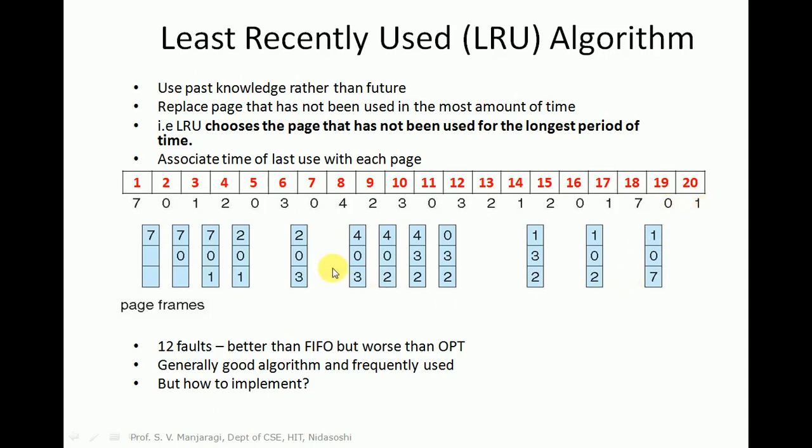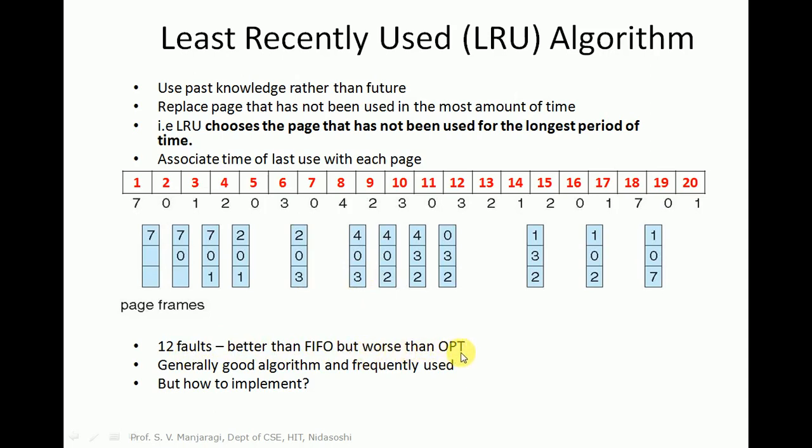Now let us count how many page faults occurred through LRU. It is 1, 2, 3, 4, 5, 6, 7, 8, 9, 10, 11, 12. It is 12 page faults. It is better than FIFO. In FIFO we got 15, but through LRU we got 12. But it is worse than the optimal solution.